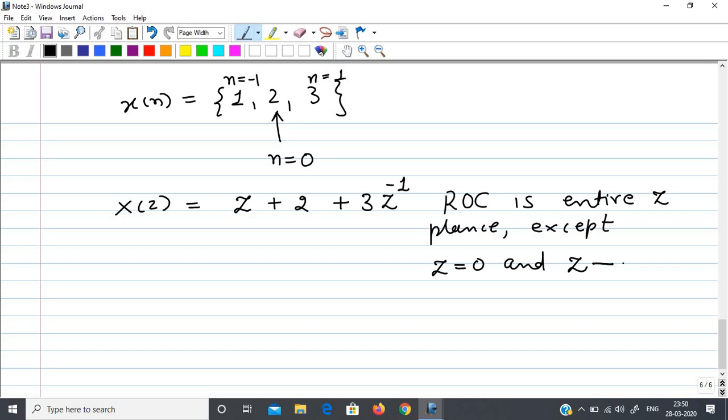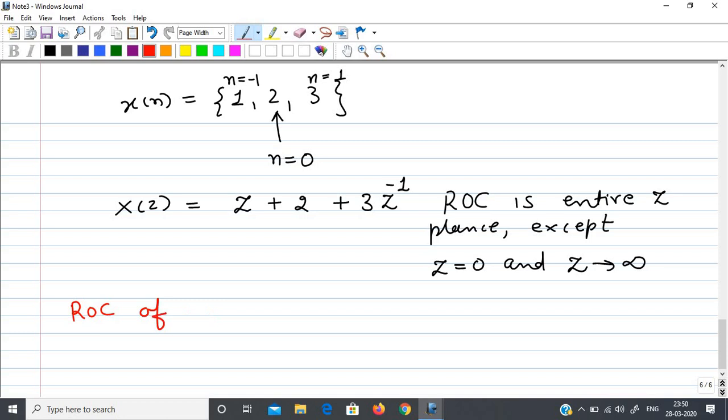So what can we conclude from these three simple examples? The conclusion is the following.